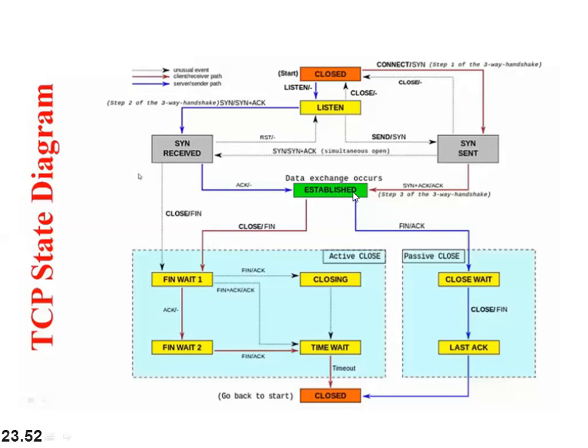And once all the data transmission is done, then either the server or the client can initiate the connection termination phase. So let us say the client is sending the FIN packet. It is waiting to receive the acknowledgement from the server. So once it receives the acknowledgement, then the connection is terminated on both sides.